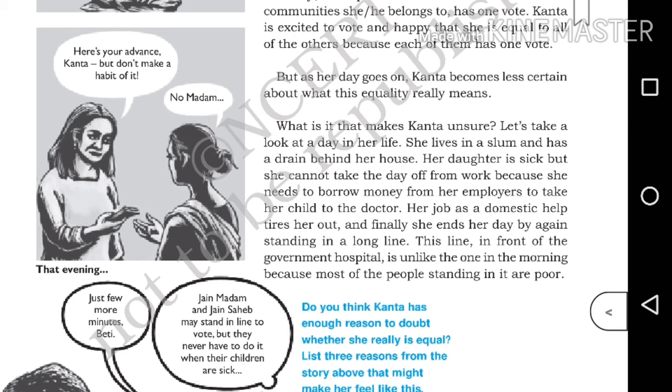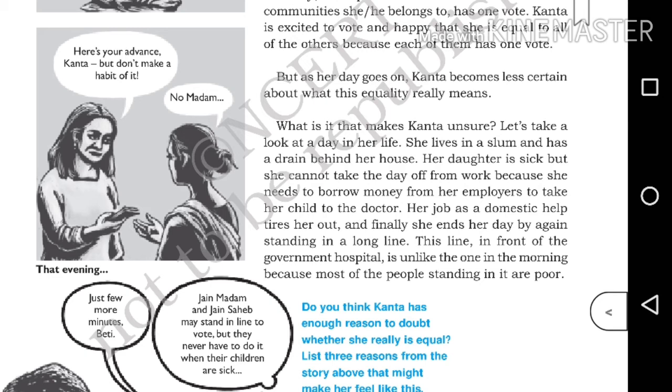Her job as a domestic help tires her out, and finally she ends her day by again standing in a long line. This line in front of the government hospital is unlike the one in the morning because most of the people standing in it are poor.